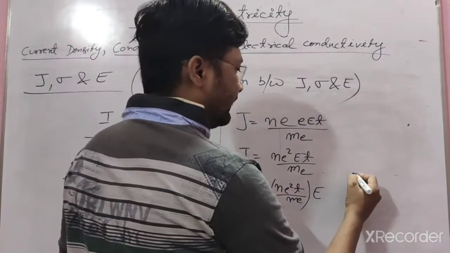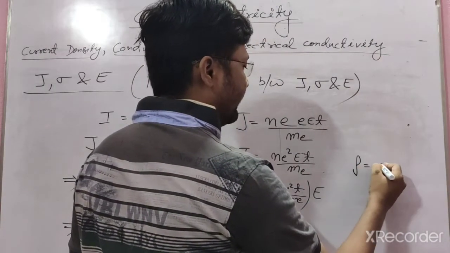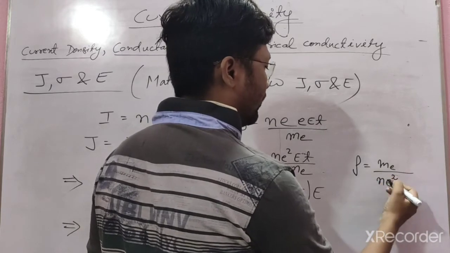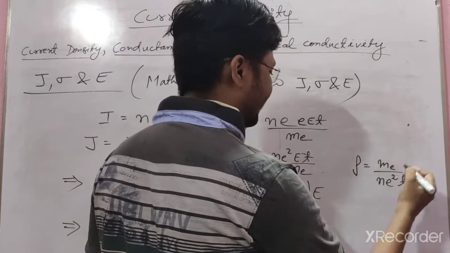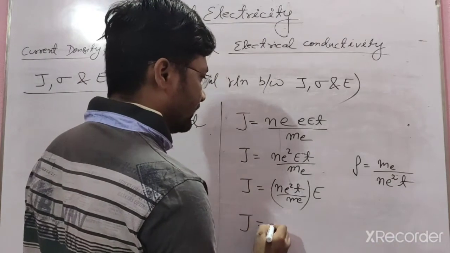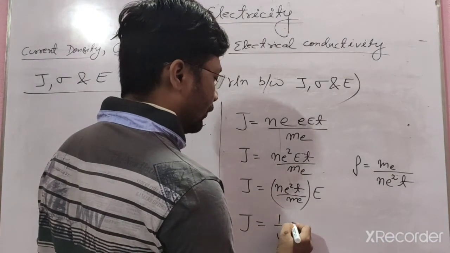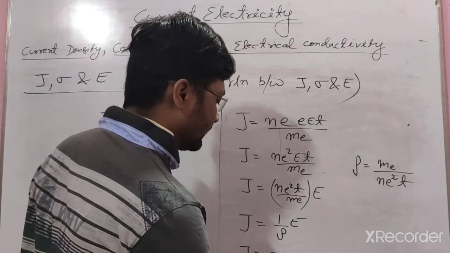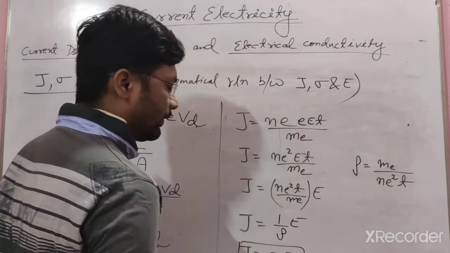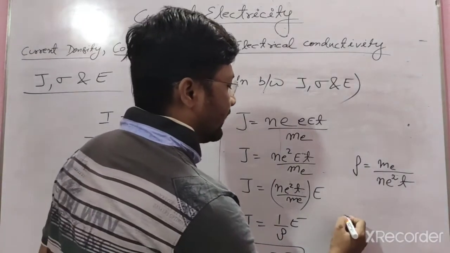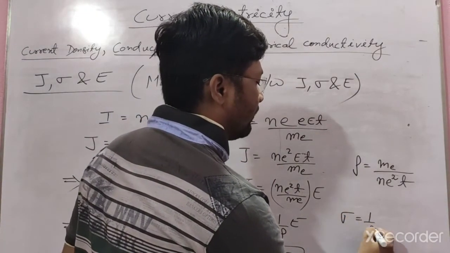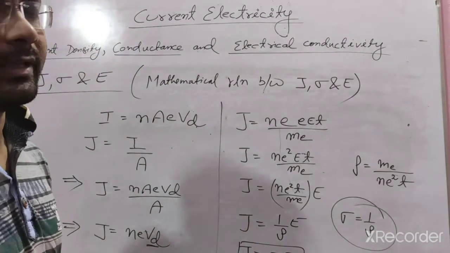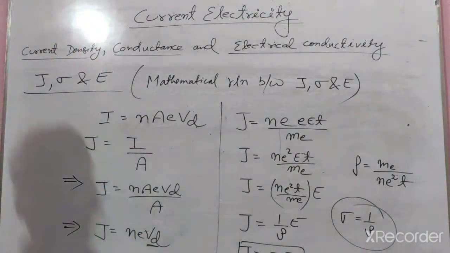Earlier you have studied that resistivity equals mass of electron divided by number of electrons, square of charge of electron, and relaxation time. So this is written as 1 by rho into E, and finally J equals sigma into E, because conductivity is the reciprocal of resistivity. So J equals sigma E. Just note down.